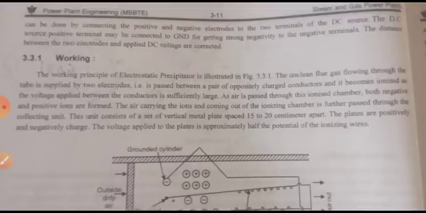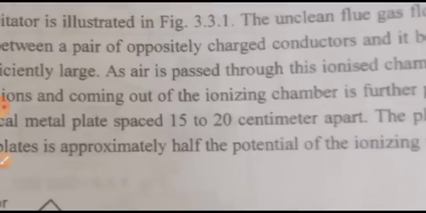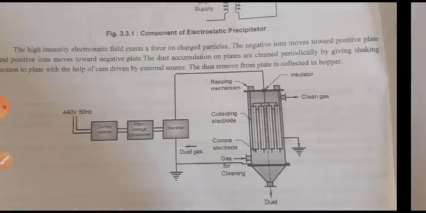This unit consists of a set of vertical metal plates spaced 15 to 20 cm apart. The plates are positively and negatively charged. The voltage applied to the plates is approximately half the potential of the ionizing wire. This is the way of separating the impurities.